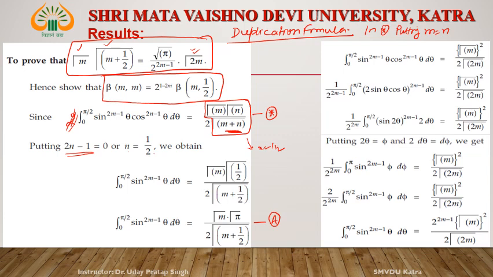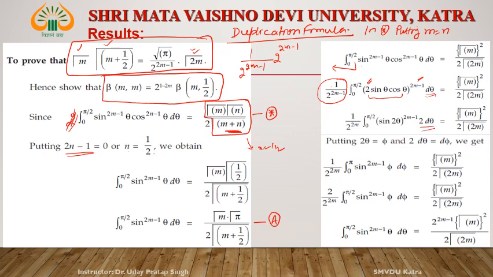Now in this equation, what do we have to do? Multiply by 2 to the power 2m minus 1 and divide by 2 to the power 2m minus 1. This is the division and this is the multiplication, whole to the power 2m minus 1. What is this? This is sine 2 theta, so sine 2 theta to the power 2m minus 1, and d theta becomes 2 d theta.